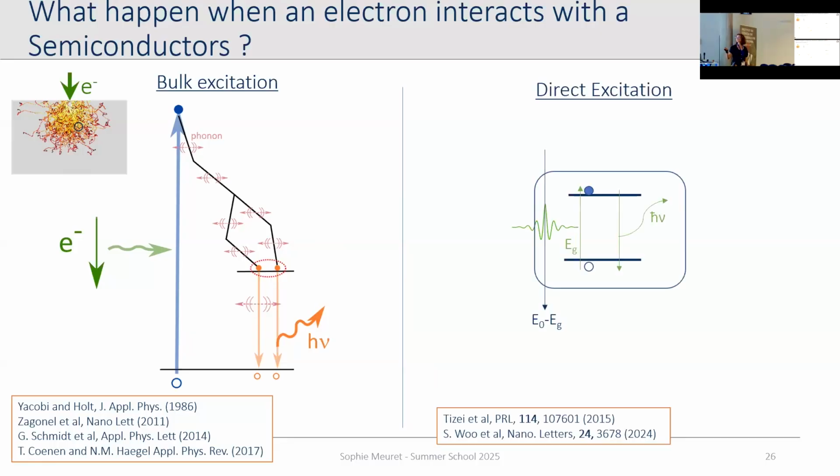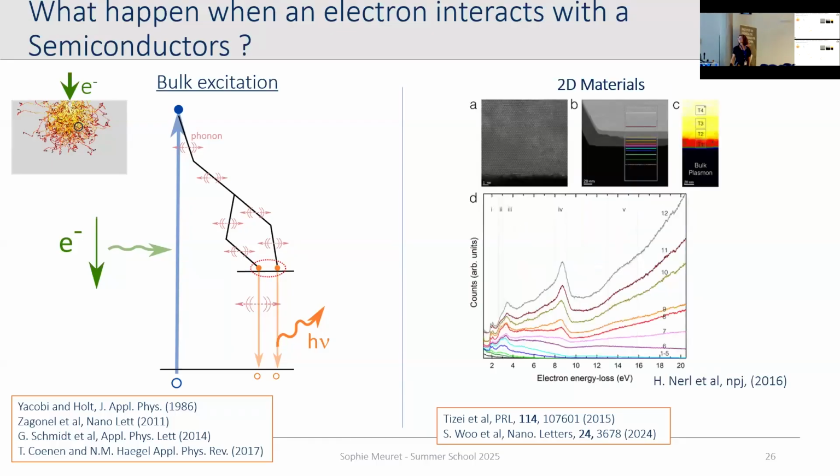However, as we saw before, your electron can also couple directly, for example, to the exciton of your material. So just sending the exact amount of energy to promote an electron to the band gap and basically creating an exciton state. In this case, what you will see in your energy loss is exactly the energy of the electron minus the exciton.